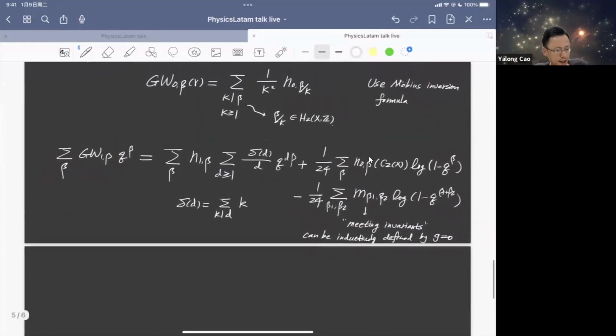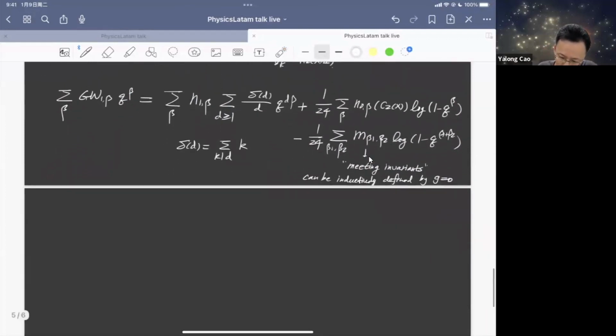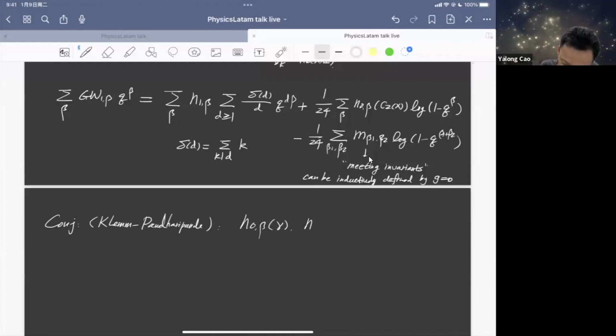You see it is a little bit complicated, especially this last formula. Now the main conjecture of Klemm and Pandharipande is the following, which says that these two series of numbers are integers.